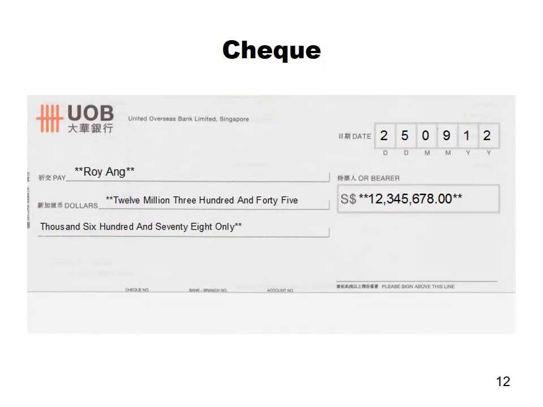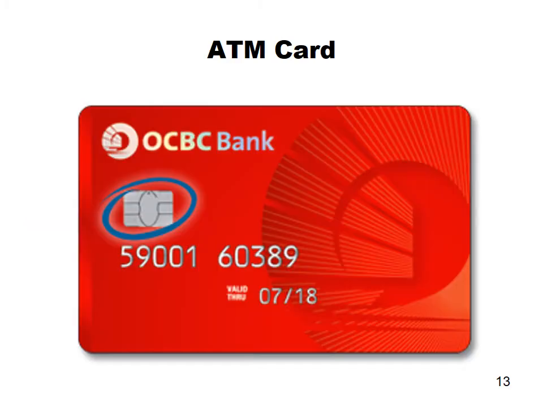Just in case some of you have not seen a check before, this is how a check would look. This is a UOB check with the amounts put down here. This is the ATM card. I believe most of you have seen an ATM card, or even all of you possess one.